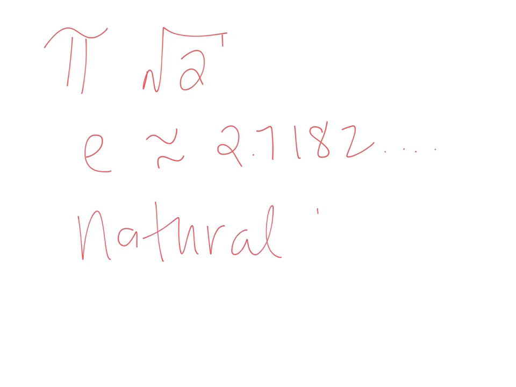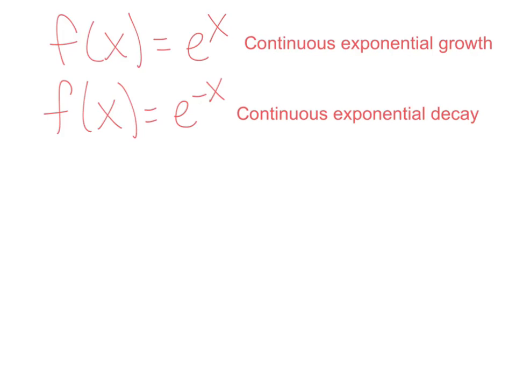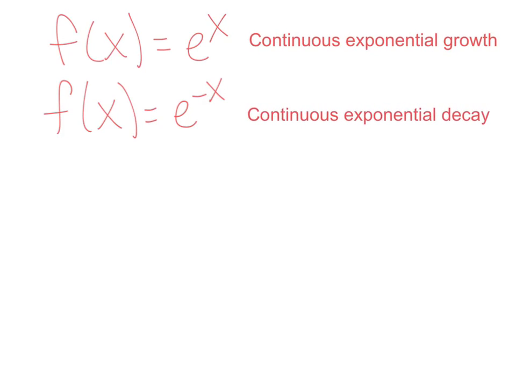When we have the natural base E in exponential equations, we're talking about continuous exponential growth and continuous exponential decay. And the inverse of a natural base exponential function is called a natural logarithm.